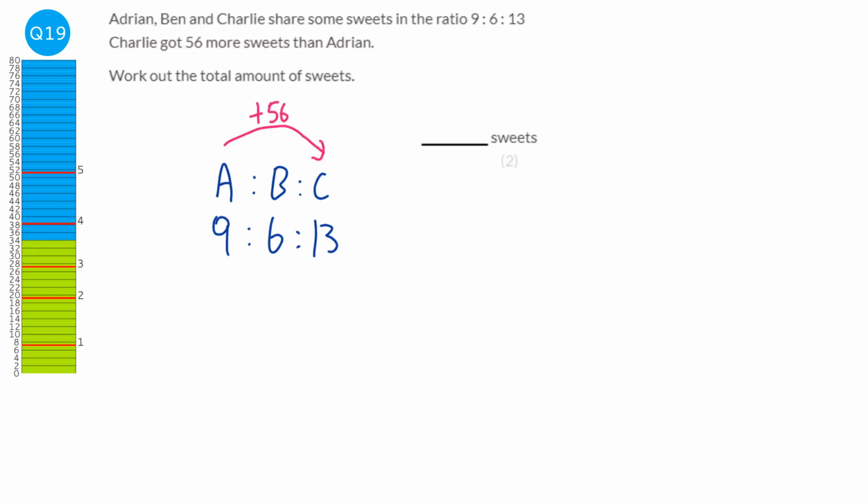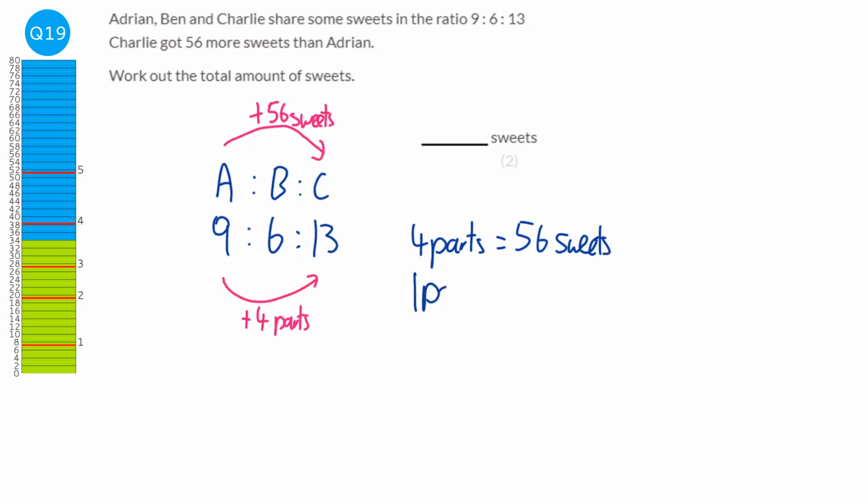Well, looking at the actual parts of the ratio, there are 4 more parts, which represents 56 more sweets. So 4 parts are worth 56 sweets. So 1 part would be 56 divided by 4, which is 14 sweets.